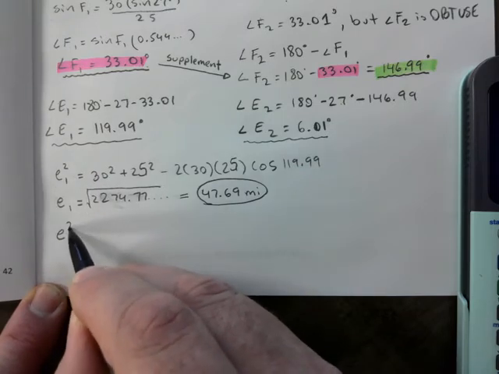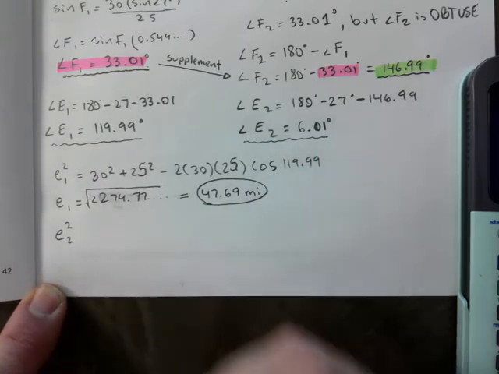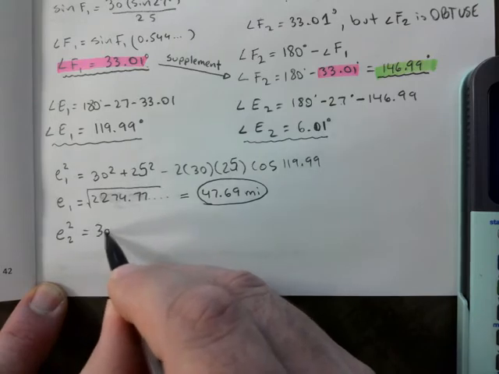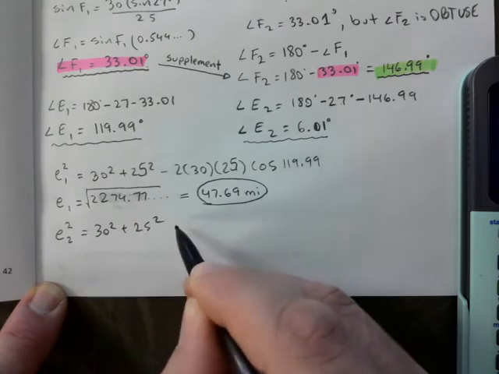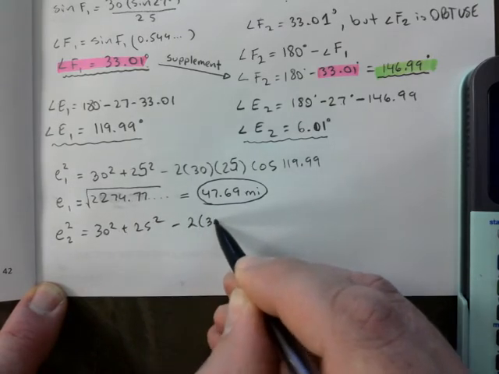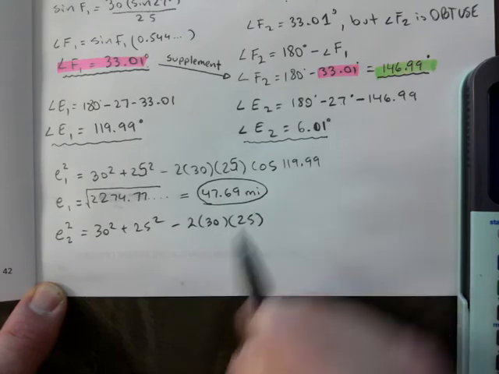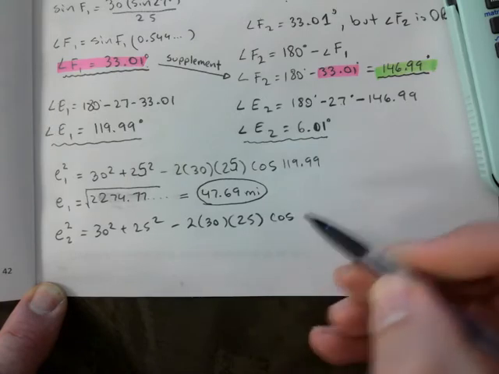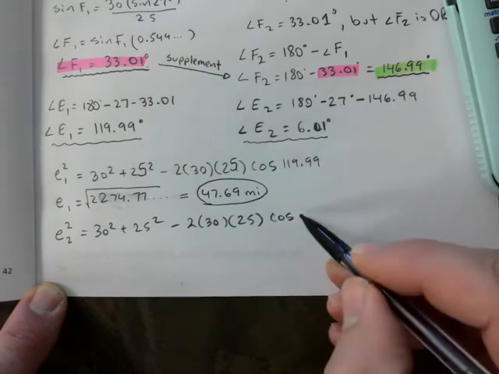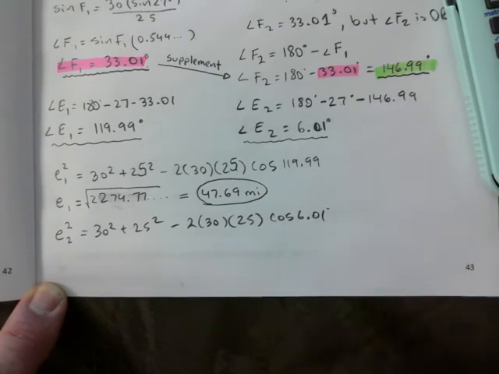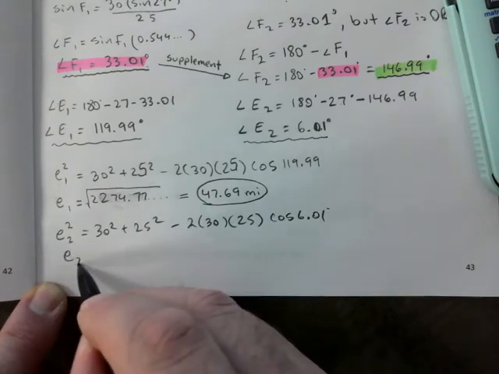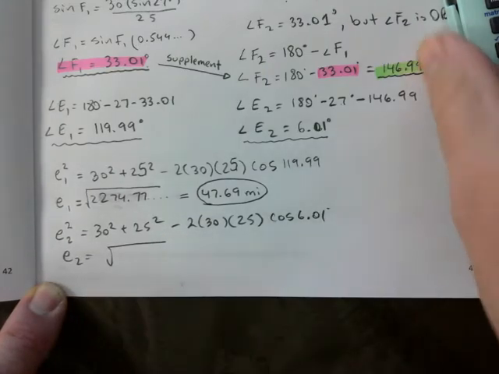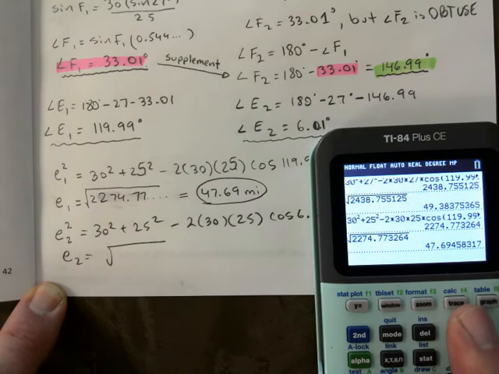E2 squared, so it's a weird notation, right? E2 squared is going to be exactly the same. Watch. Exactly the same, except it's going to be cosine of what? Cosine of this one here. E2 will be square root of, and this is where you do the shortcut, right?